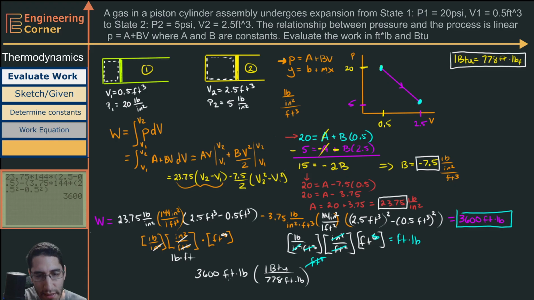And these are going to cancel out. So we're going to have 3,600 divided by 778, and this is equal to 4.63 BTU. And this is your answer for BTUs.